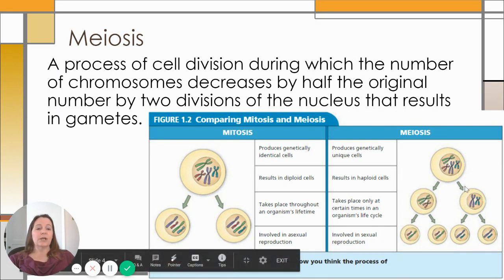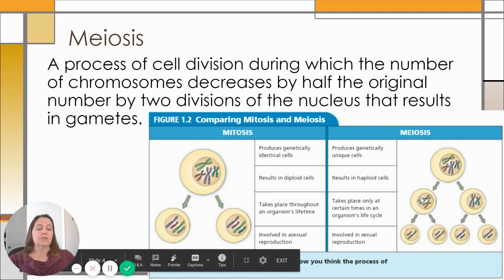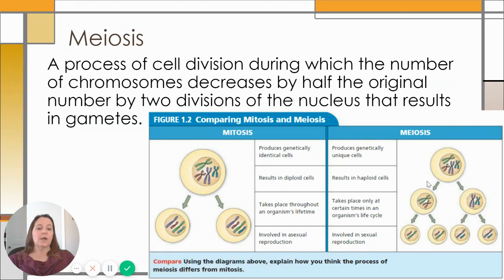The first division, right here between the germ cell and the first 2 cells, is meiosis 1. In meiosis 1, we have all of the phases: the 4 phases, prophase, metaphase, anaphase, and telophase, and cytokinesis.